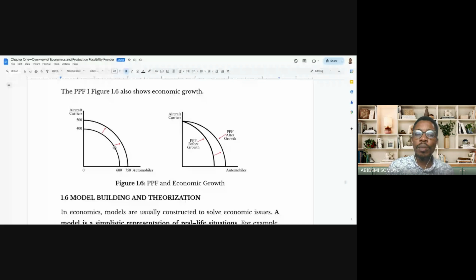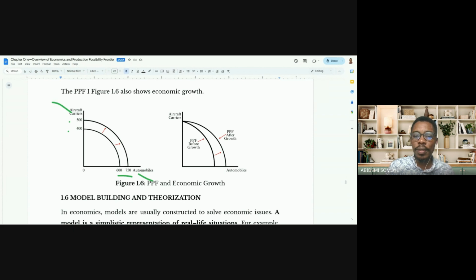The PPF shows economic growth when the PPF shifts outward. Here it shows that both, for example, aircraft and automobiles, are being produced: from 600 to 750, from 400 to 500.